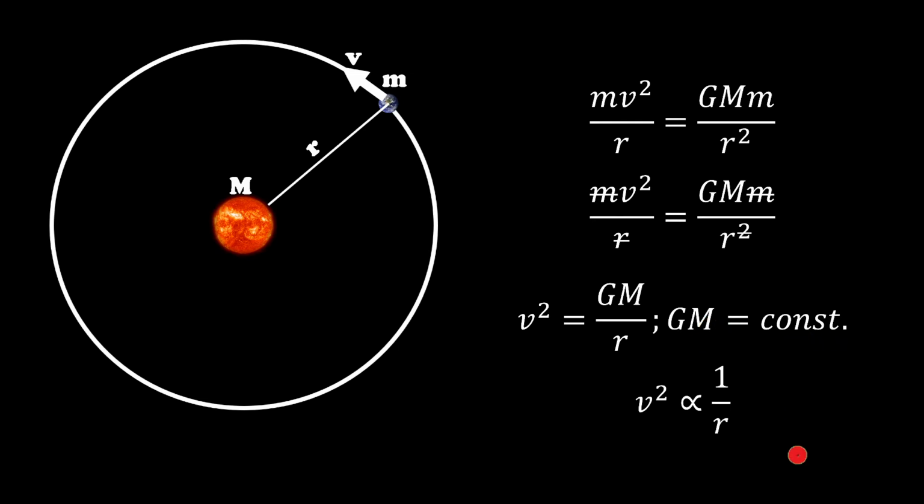So we can say that v squared, or the orbital velocity squared, is proportional to 1 over the distance r. So as r increases, v squared, as a consequence, must decrease. So the further a planet is away from the sun, the smaller the orbital speed becomes. So basically, in passing, we can just say that this is equivalent to Kepler's third law.